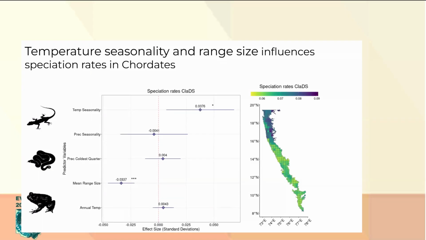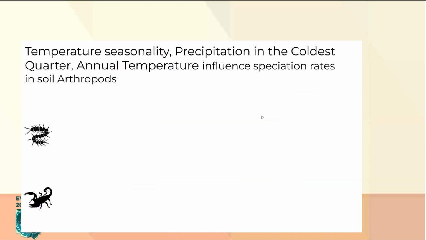Coming to the results for the coordinates, temperature seasonality and range size were found to influence speciation rates in chordates, showing very significant effect sizes. Also, looking at the distribution of speciation rates, we found that the northern parts of the Western Ghats seem to have higher diversification rates, as expected.